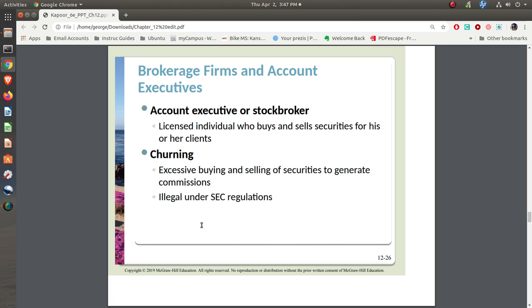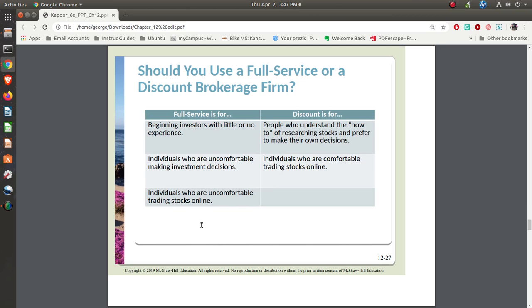Churning is where one of these brokers will buy and sell in somebody's account, and all they're doing is racking up the fees that go along with that, all the commissions and things. That is illegal, because the people who are responsible for these accounts have a fiduciary responsibility to work in the account holder's best interest.